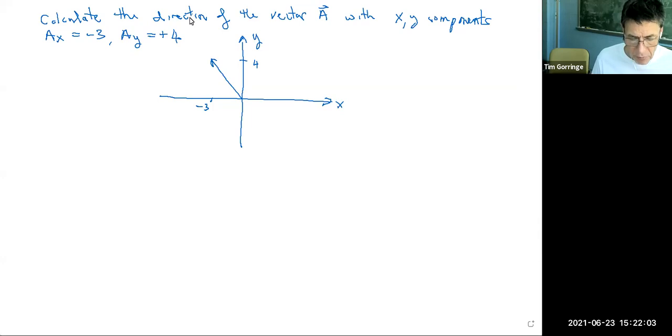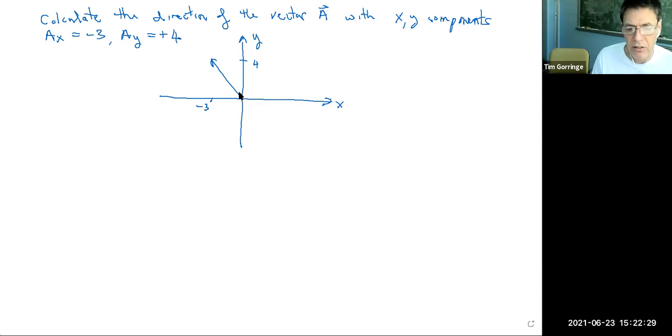In this particular problem, we've got a vector called A, and I've pictured that vector A by this little arrow here. That vector A lives in two dimensions, horizontal and vertical, x and y dimensions, and we're told that its x component is -3, so it goes in the negative x direction.